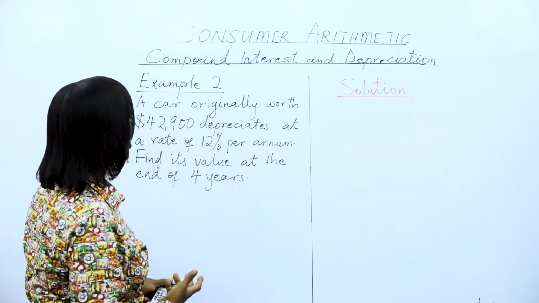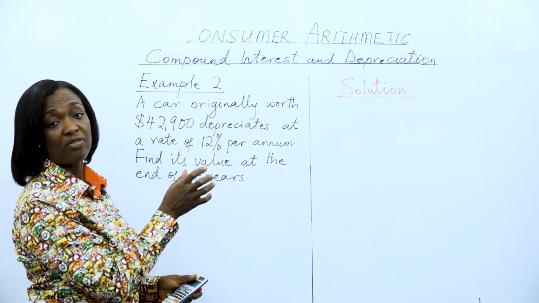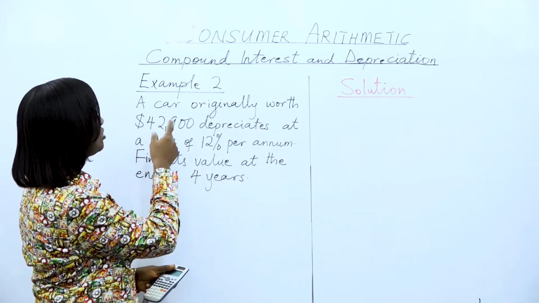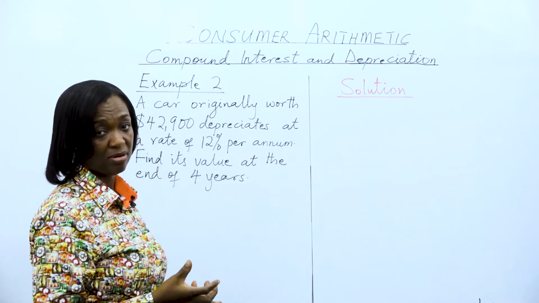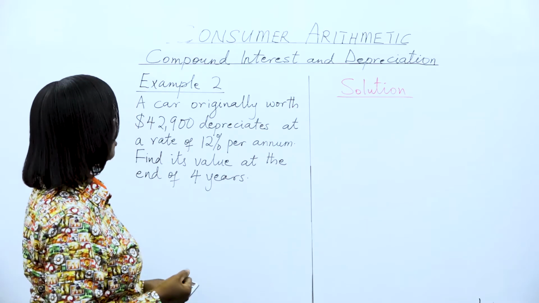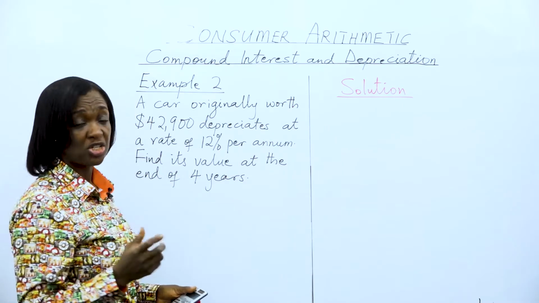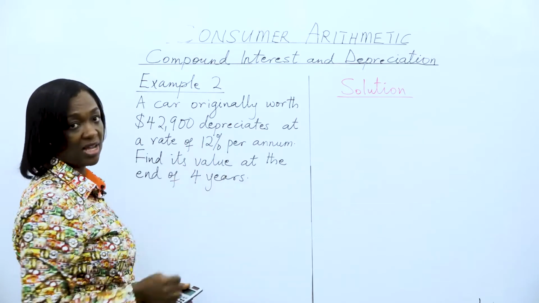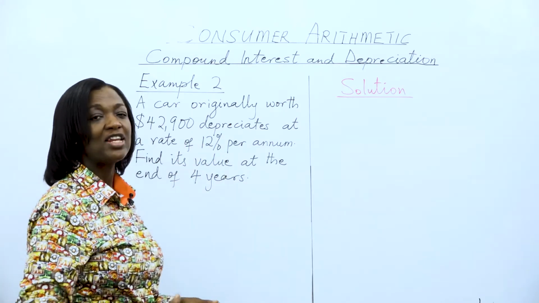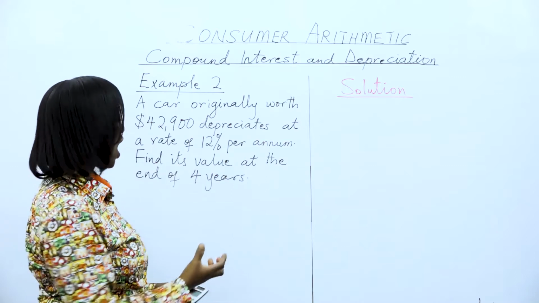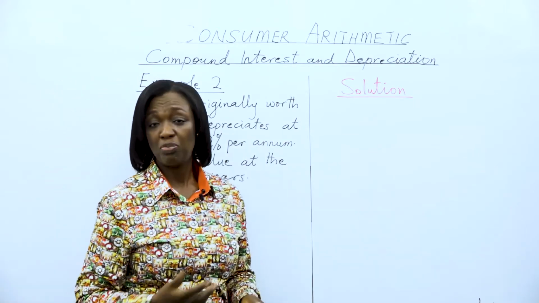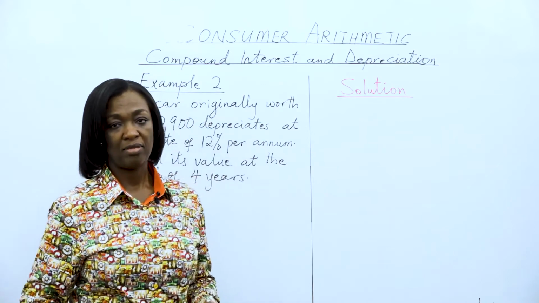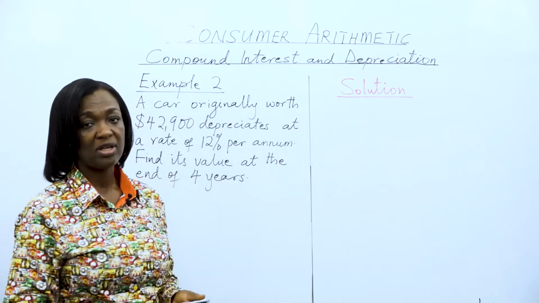So the question is saying that the original worth of the car is $42,900. So that means that's the principal. All right? And then the rate of depreciation is 12%. So we want to find the value of that car after 4 years. We all know that assets depreciate over time. So that's the principle we're using here.